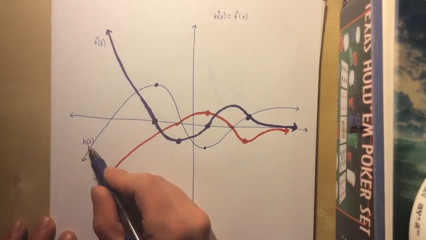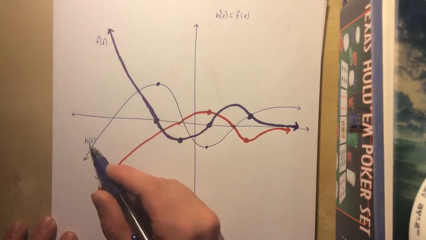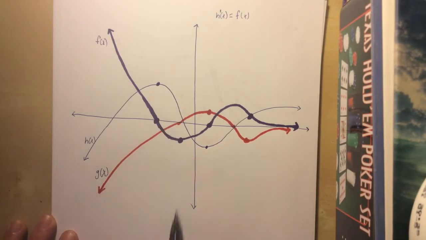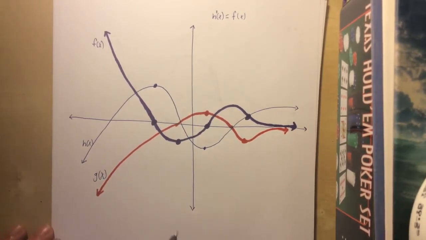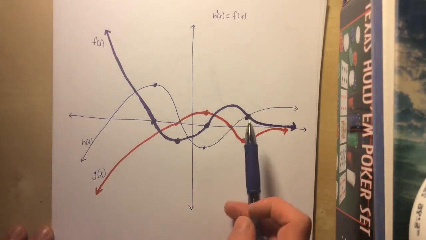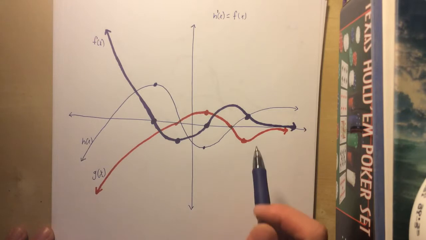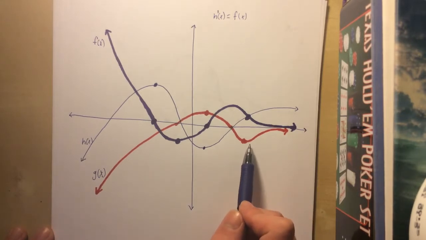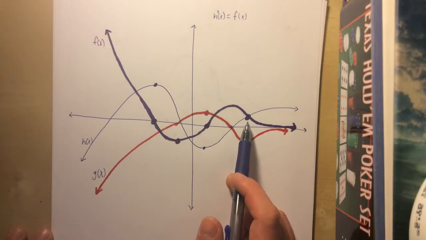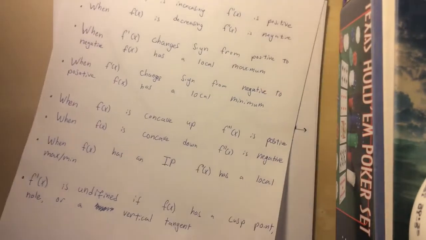Because if this was f of x and this is f prime of x, then it would make sense that when f of x has a local maximum, f prime of x is changing sign. So now let's look at this last point again, where two things are happening, one with g of x and one with f of x. G of x has a local minimum, and f of x has an inflection point. So let's look at what we have here.